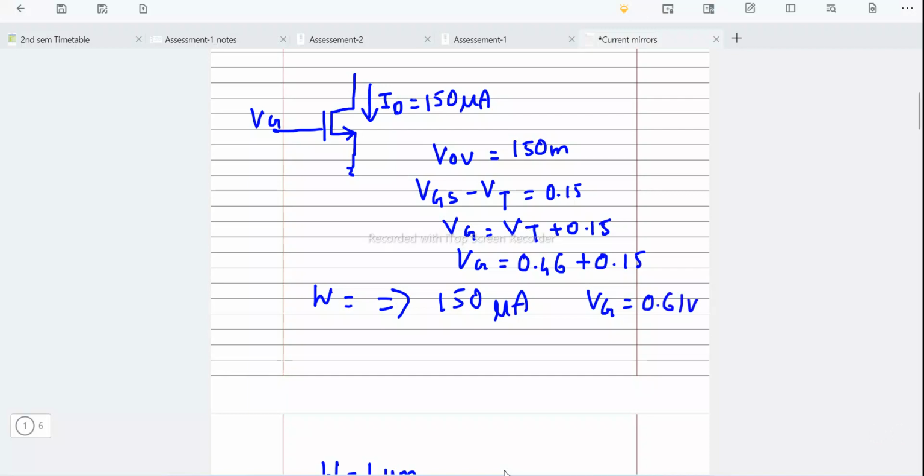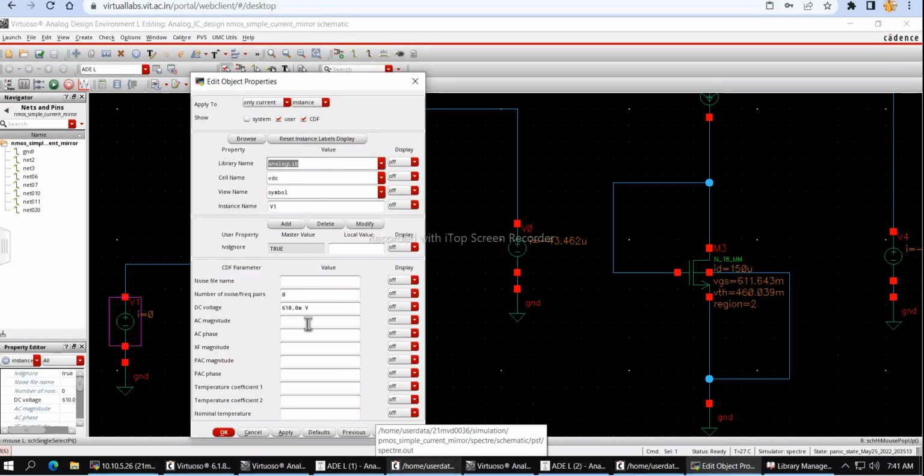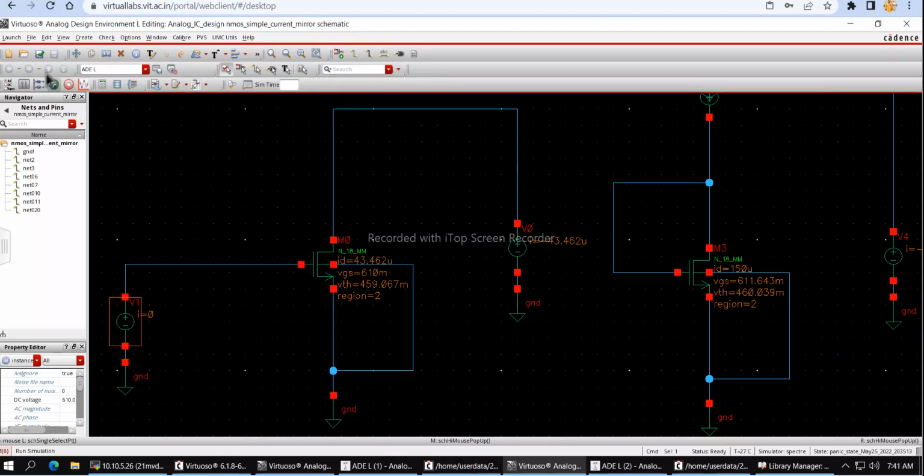Now we shall fix the gate voltage to 0.61 volts. I have already fixed that value, 0.61 volts. Now we shall save it and run it.